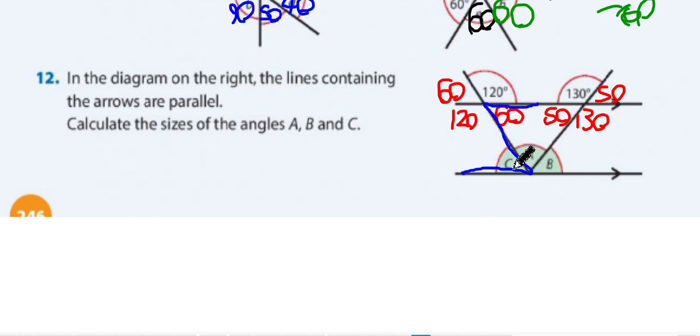There we go. What do we think C is? 60. What do we think B is? 50. And finally, what do we think A is? Add them up and take it away from 180? 70. There's more than one way of doing that, by the way. Alright.